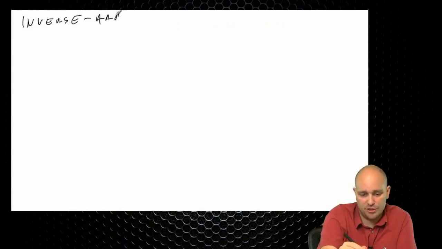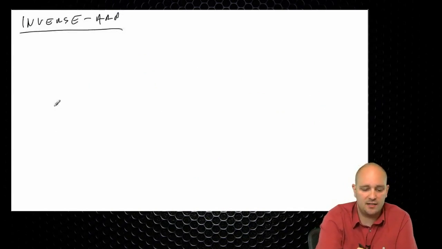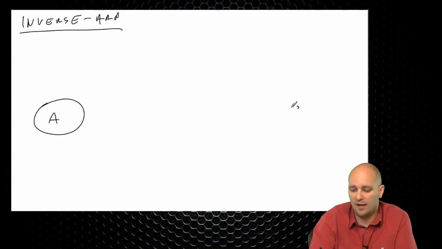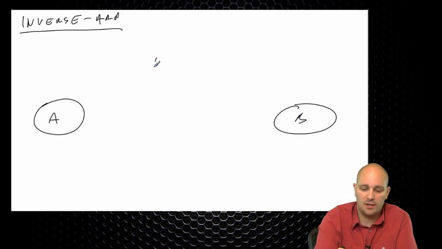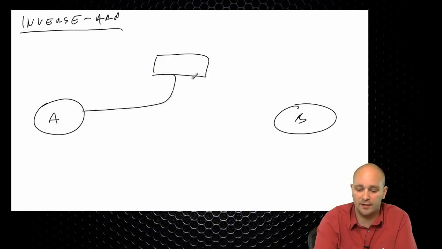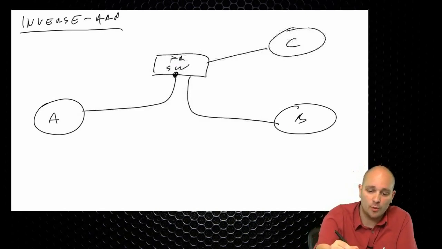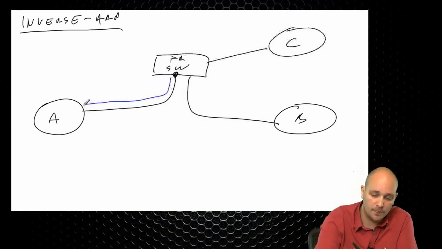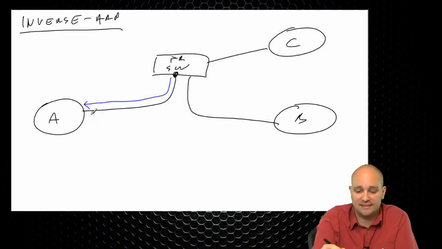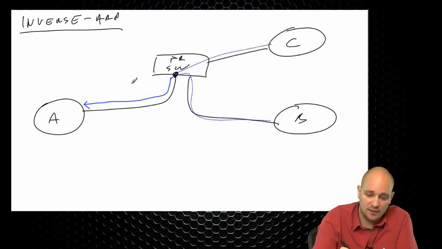So let's here take a look at inverse ARP. What we have here, again, let's say that we have host A, we have host B, and here let's say that we have some switch and we are connected here. So this is now a Frame Relay switch, and let's say that we have some host C. Now on this link here, the Frame Relay switch is going to communicate to A what are the available DLCIs, and let's say that the available DLCIs are the connection to C and the connection to B, and let's say that these are DLCIs 102 and 103.